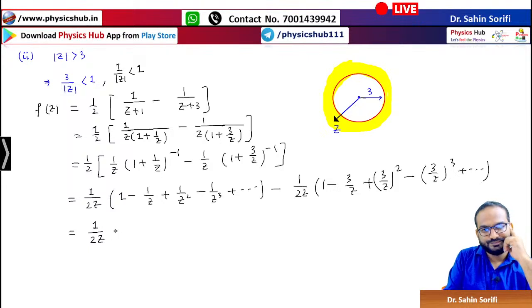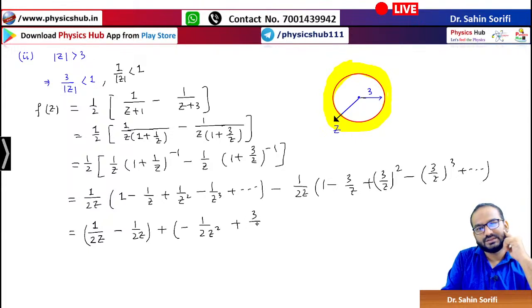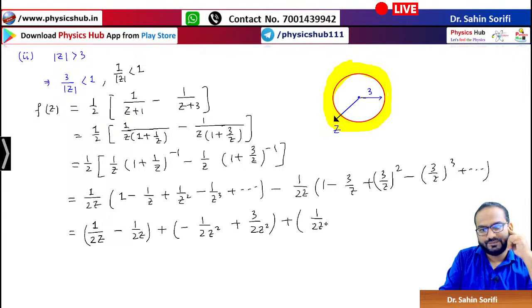1 by 2z minus 1 by 2z plus minus 1 by 2z square plus 3 by 2z square plus 1 by 2z cube minus 9 by 2z cube plus minus 1 by 2z to the power 4 plus 27 by 2z to the power 4 and so on.